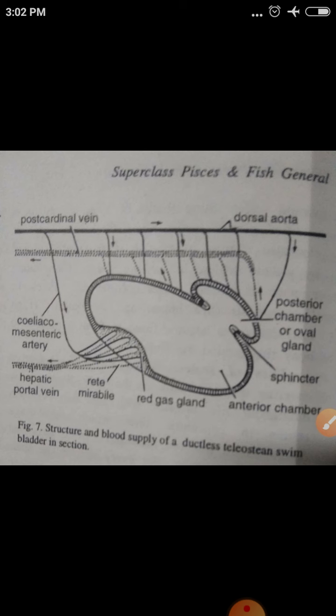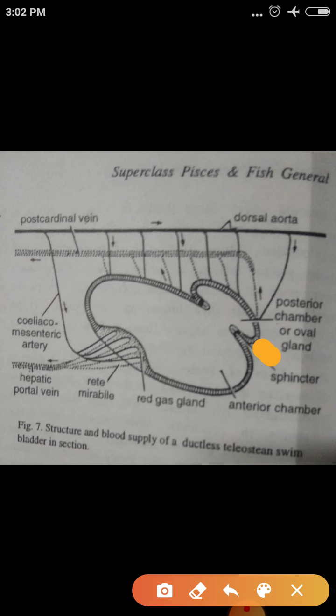In higher physoclistous teleosts, the air bladder tends to be divided into two chambers demarcated by a constriction with a sphincter. These are the constrictions you can see on both sides, which divide the air bladder into two chambers.